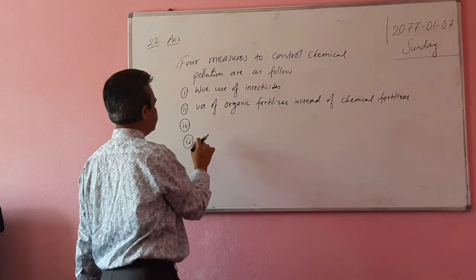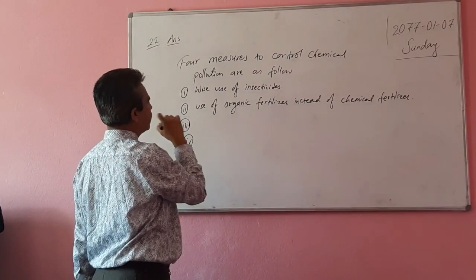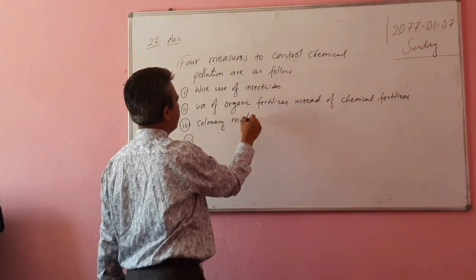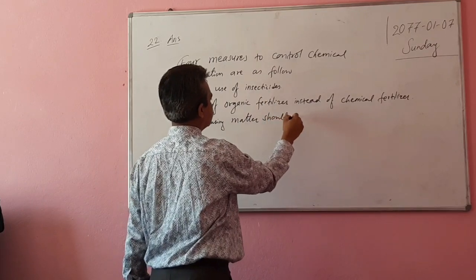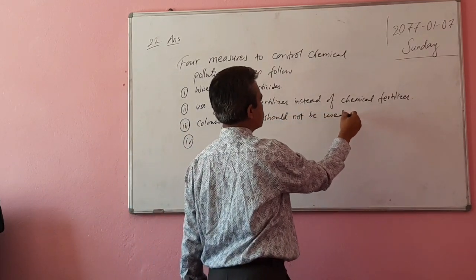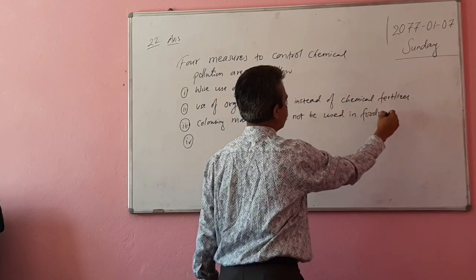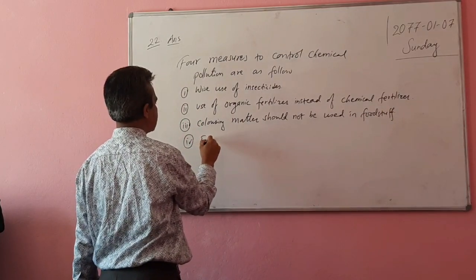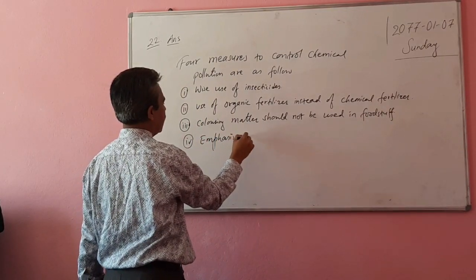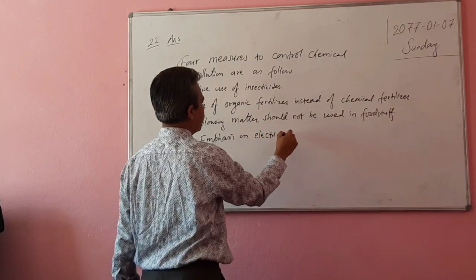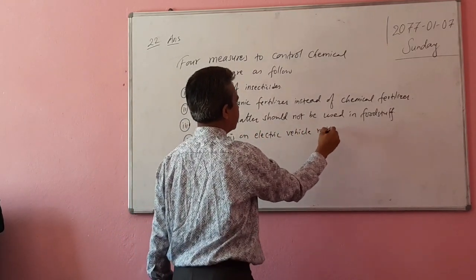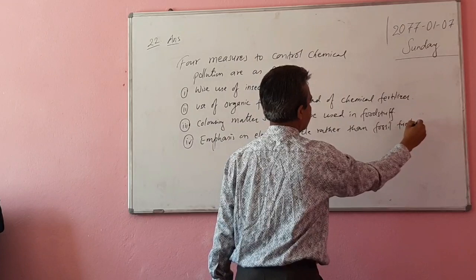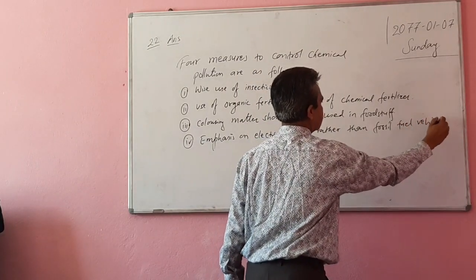Number 3rd one, what can be used? Coloring matter should not be used in foodstuff. Okay, and emphasis on electric vehicle rather than fossil fuel vehicles.